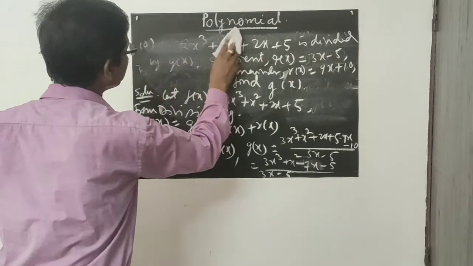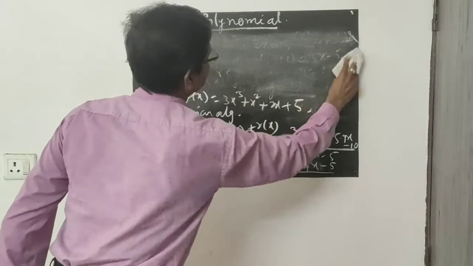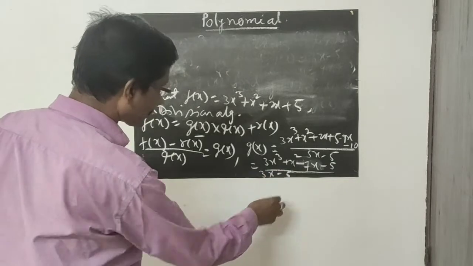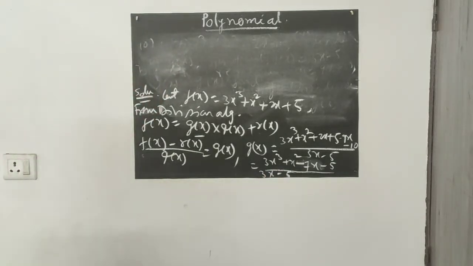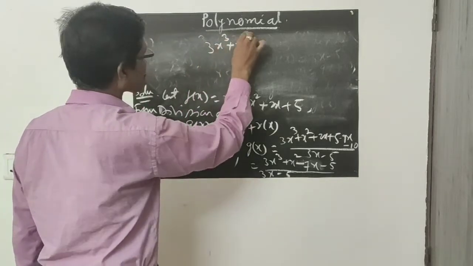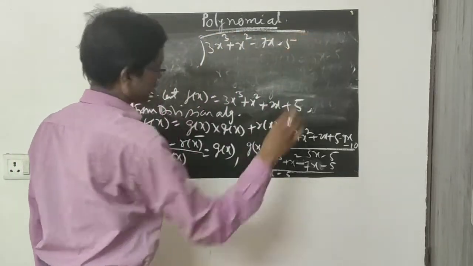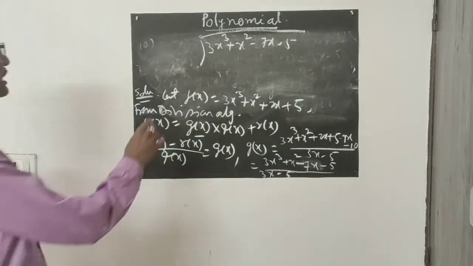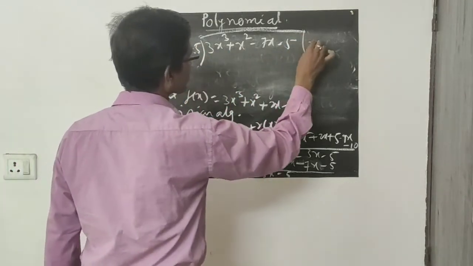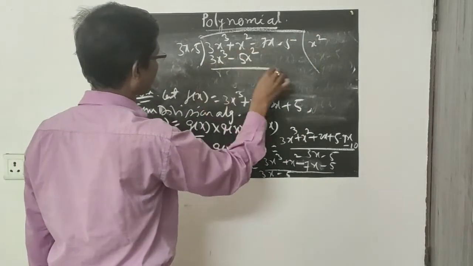So we have to do the division now. Divide 3x cube plus x square minus 7x minus 5 by 3x minus 5. First of all, x cube by x gives x square, so 3x cube minus 5x square.